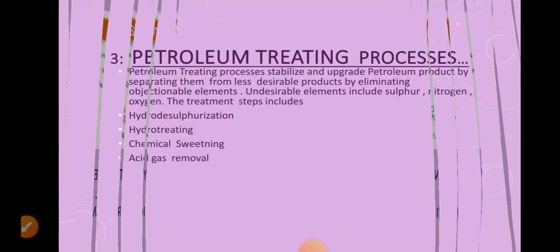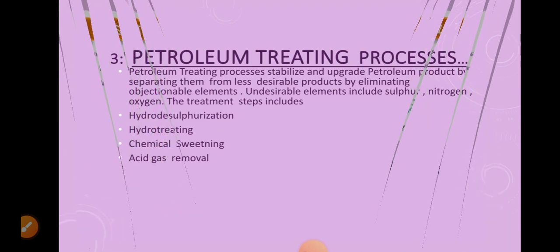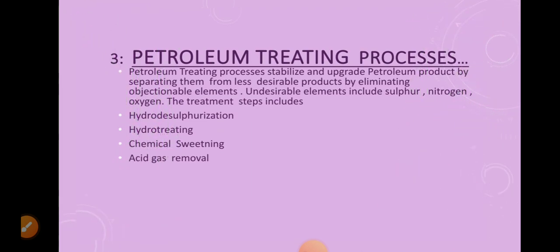In the next slide, we will discuss the petroleum treating process. The petroleum treating process involves how we treat petroleum after getting it from crude oil to get desirable petroleum products. This includes the elimination of undesirable elements, that are sulfur, nitrogen and oxygen. The steps include hydrodesulfurization, hydrotreating, chemical sweetening and acid gas removal. We will discuss these terms one by one.